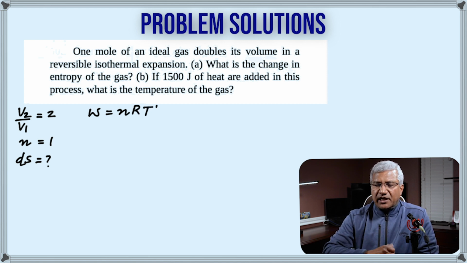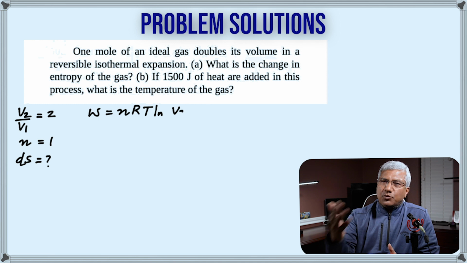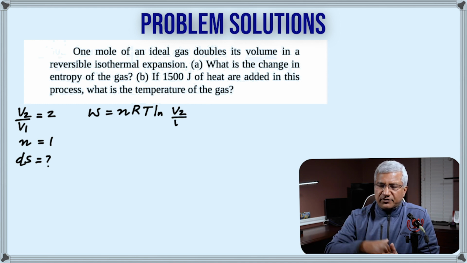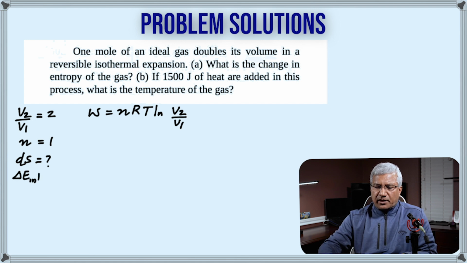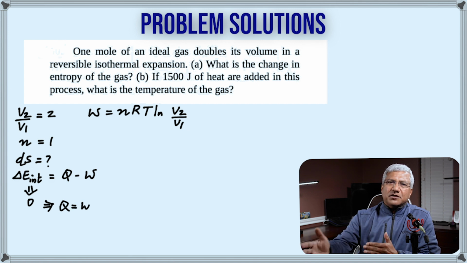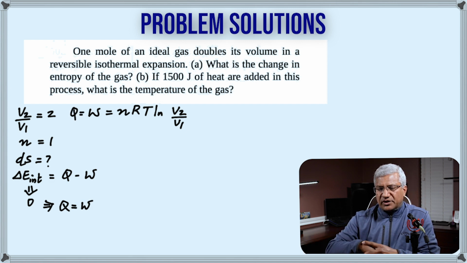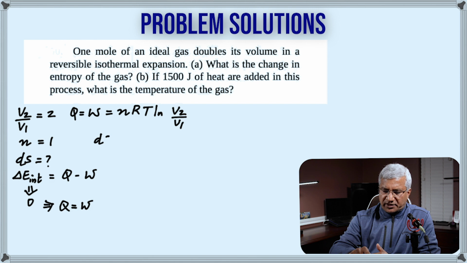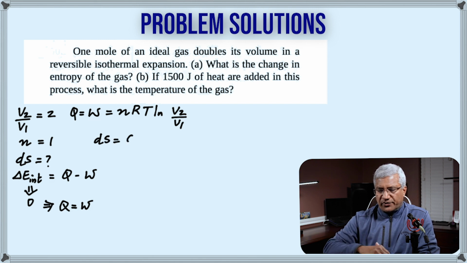It's isothermal again, so let's find the work, because the work will be the same as the quantity of heat. Here is the formula for work. Well, I'm trying to show you that this is 0, but we did the same thing in the last problem. That's why Q becomes equal to work. You already know that. So Q is the same as work, and I'm trying to directly work it out there, okay?